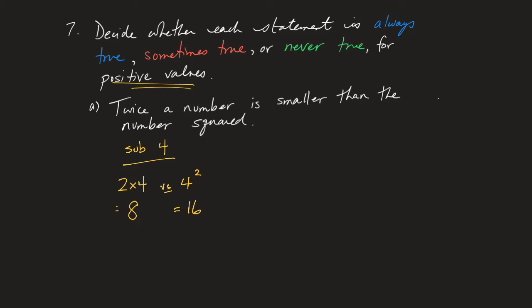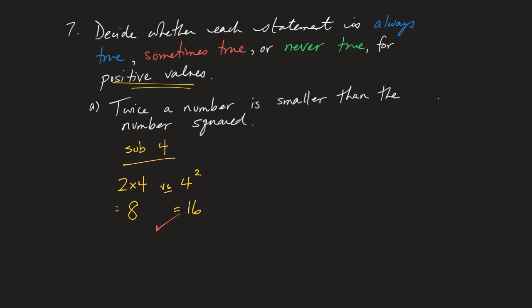My statement said twice a number is smaller than the number squared, and right now twice a number is smaller than the number squared. That would make that statement true. Now I have to decide, is it always true or sometimes true? We've ruled out never true because we just found a case.